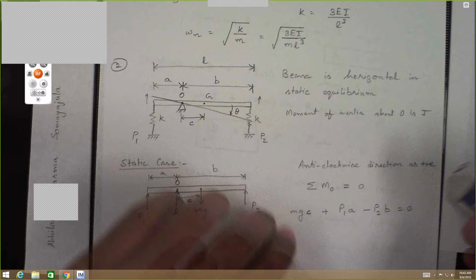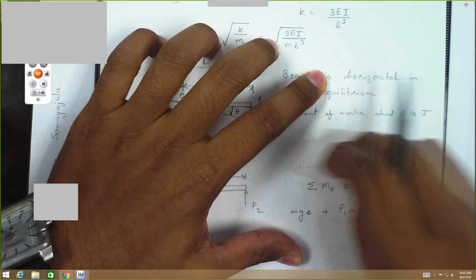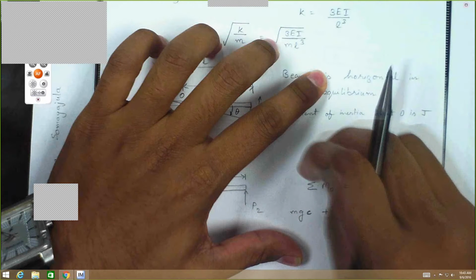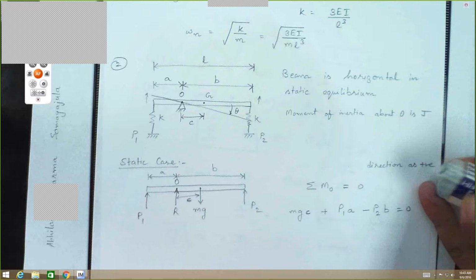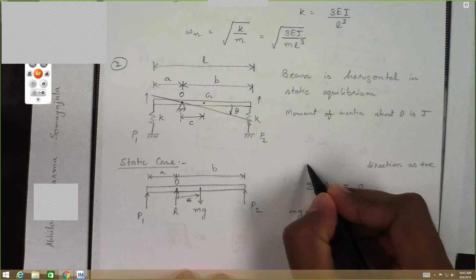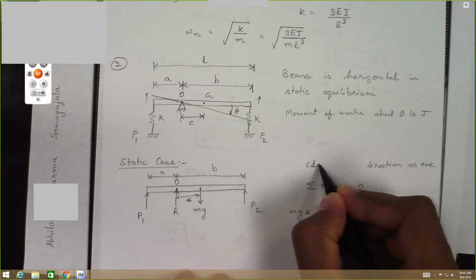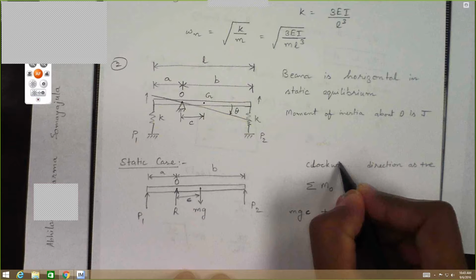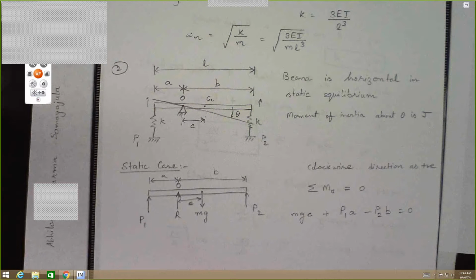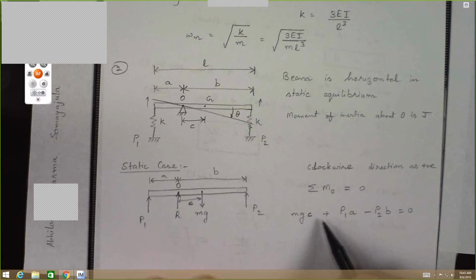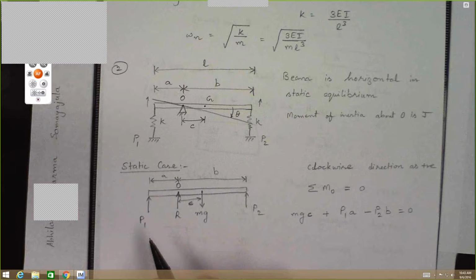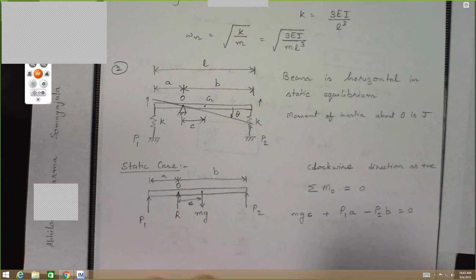I think I messed it up. It should be clockwise positive is what I'm considering. Actually, it doesn't matter which side you take, because all you will end up with is a negative of the original equation. But yeah, let's make it right. So clockwise direction as positive, then yes: mg times c plus P1 times a minus P2 times b becomes 0.